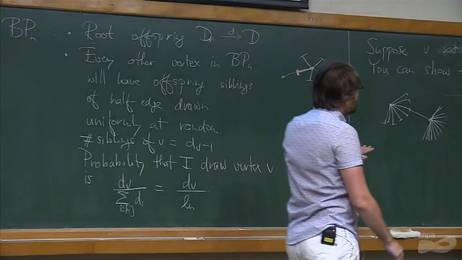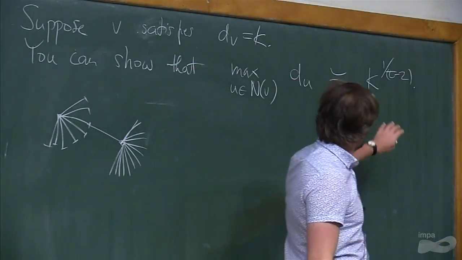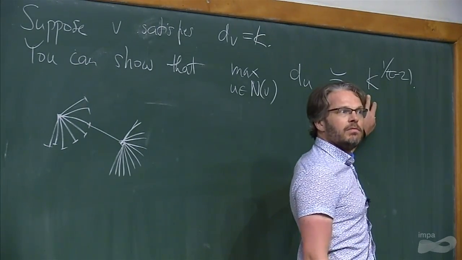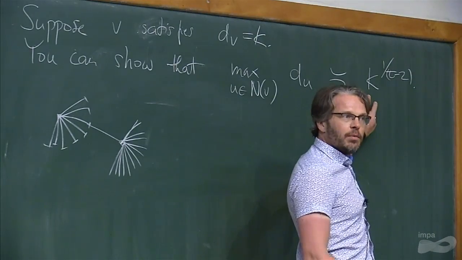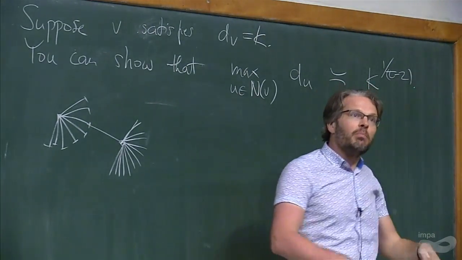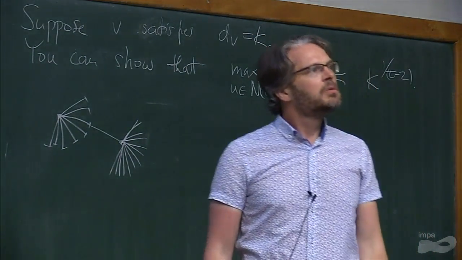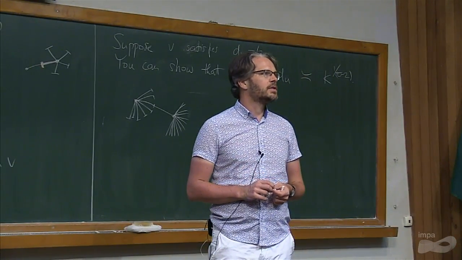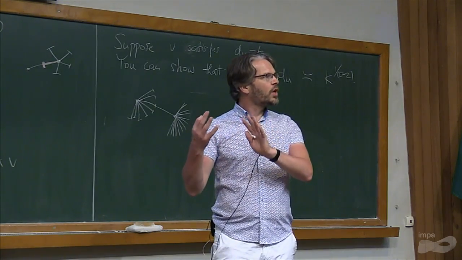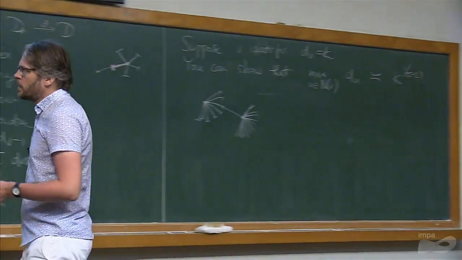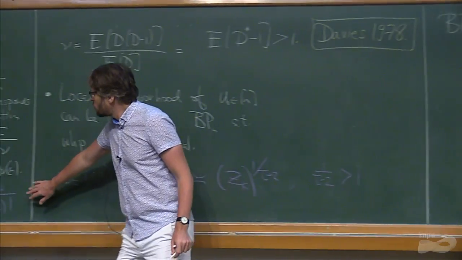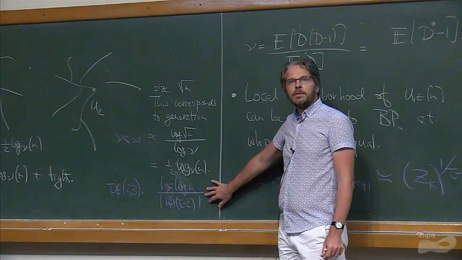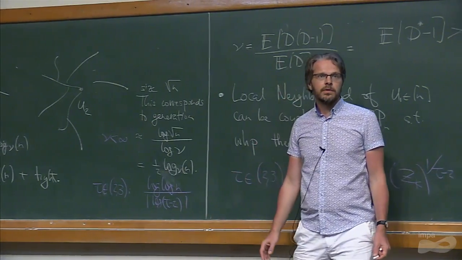This sequence of vertices will grow doubly exponentially, even in the graph. That will produce a path that may not be the shortest path, but it certainly has the same order of magnitude as the graph distance. And that allows you to prove an upper bound that the graph distance is at most twice log n over the absolute value of log tau minus 2, which is a nice result.